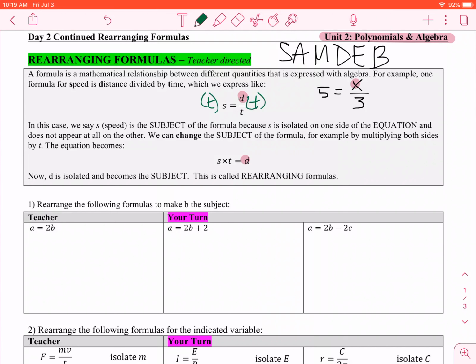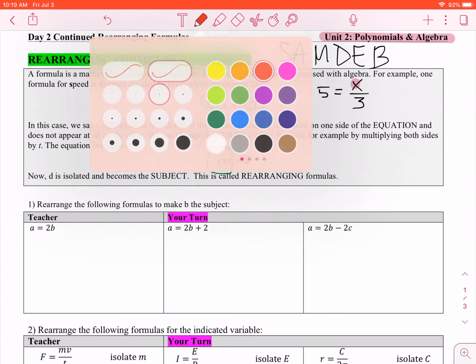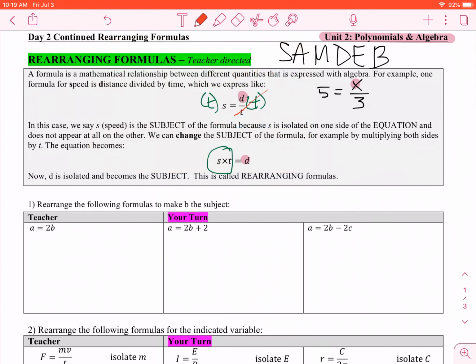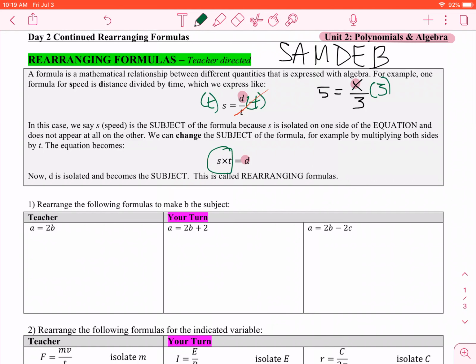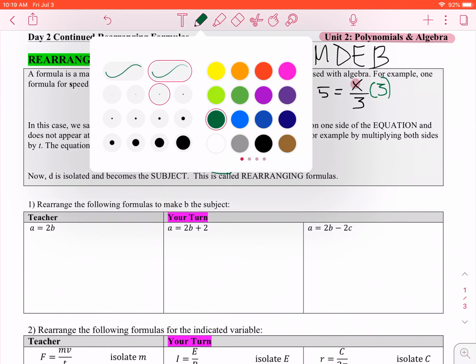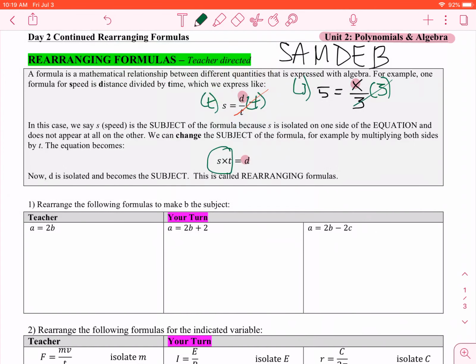And when you multiply both sides by t, we get speed times time, which is equal to distance. And on the far right, you'll notice the t's actually cancel out. So we would apply that same strategy here, where we would multiply both sides by 3, like how we did in one-step equations.